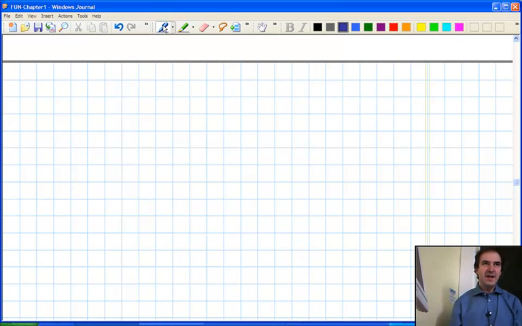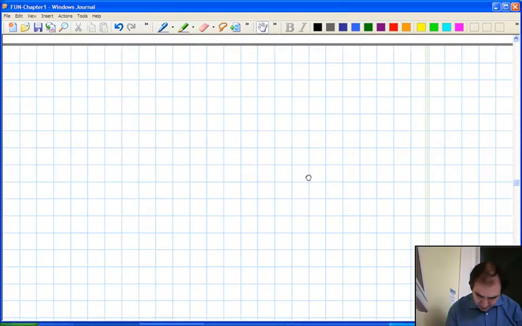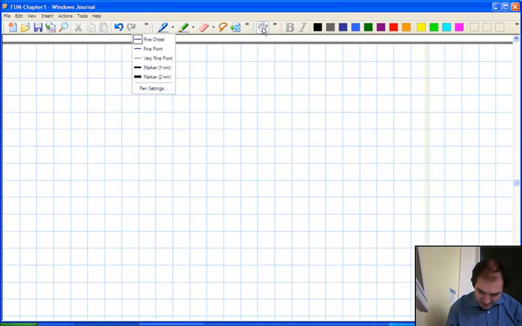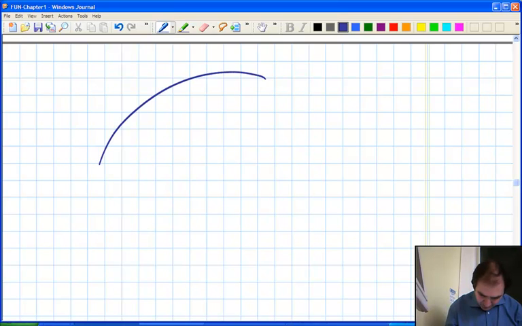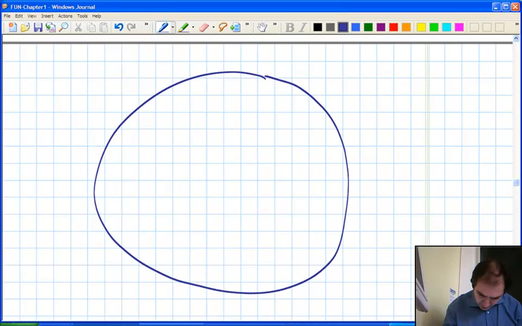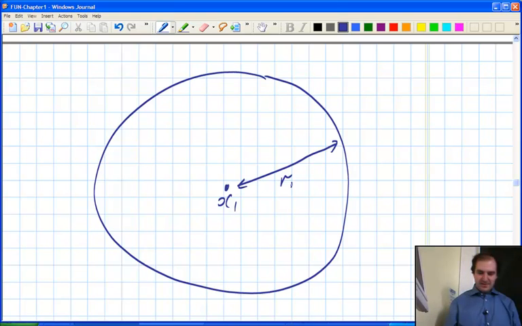We're starting from n equals 1. So you've got perhaps a big closed ball centered on x1 radius R1. The sketch is not a proof, of course, but just to remind you what's going on.